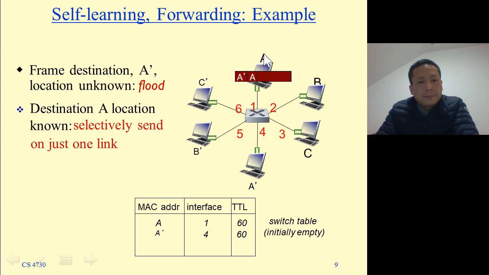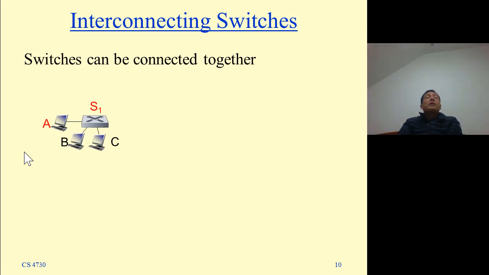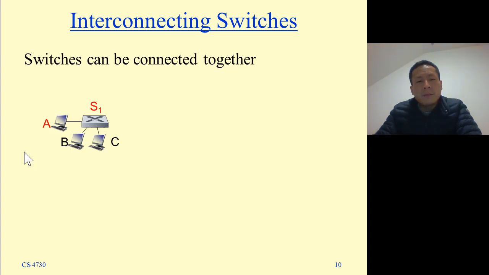Okay, so the response frames will be selectively sent out on just one link. Now you may ask, okay, the single switch case is fine, right? It's quite simple. You just do self-learning and build the forwarding table from scratch, and you get it done.